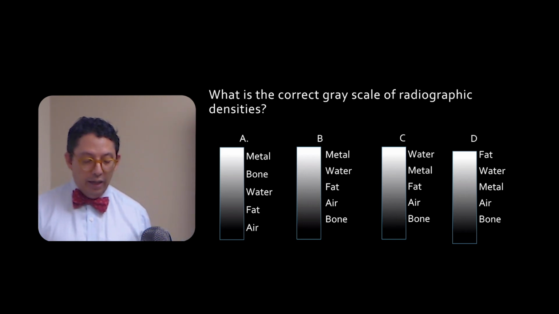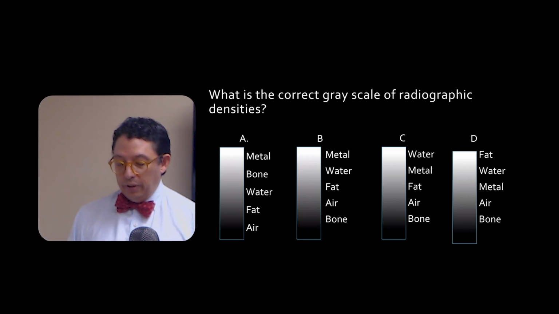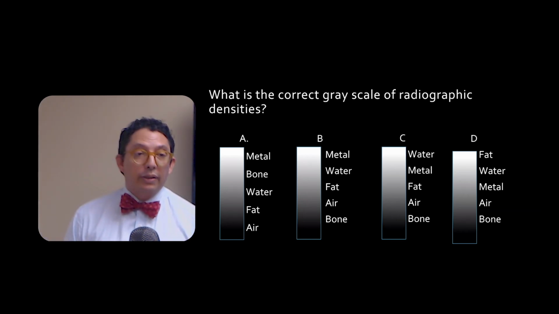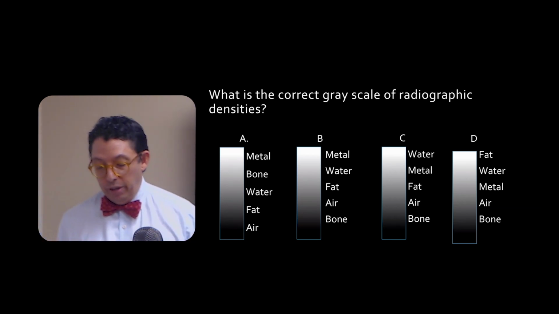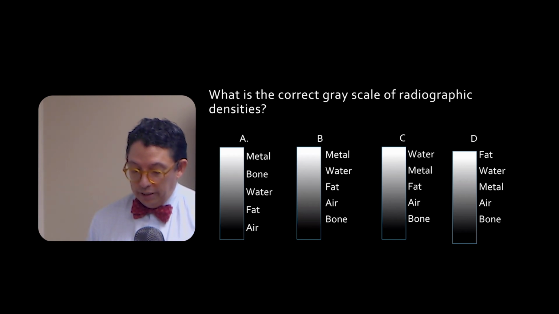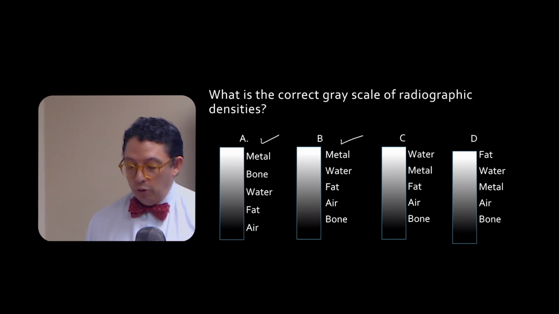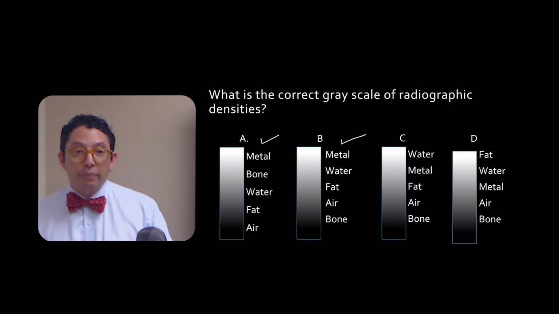So let's kind of analyze the question. If you get something like that, you know that it has to be something where the thing that really does not let the X-rays cross, so it's going to be the whitest, is going to be metal. So just by looking at that, we can only have A or B being the answer.